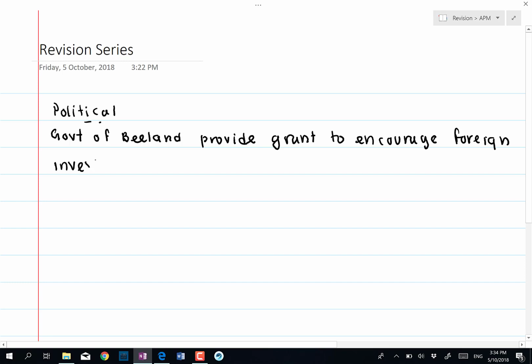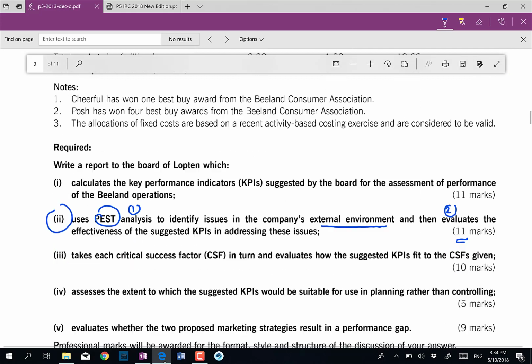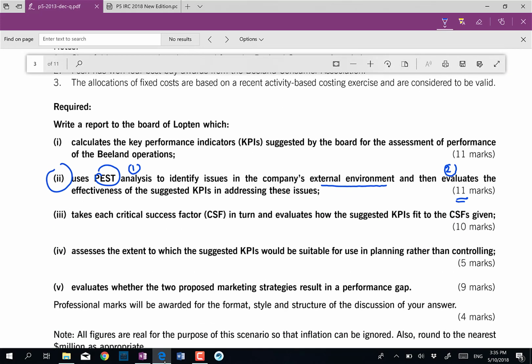However, it should be noted that a lot of students ended their answer at this point. This is a poor answer. The question is asking students to use PEST to identify issues in the company Lopten's external environment.